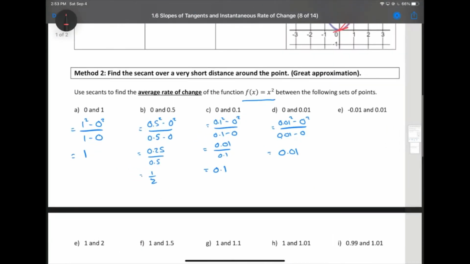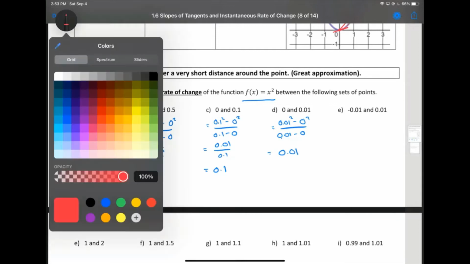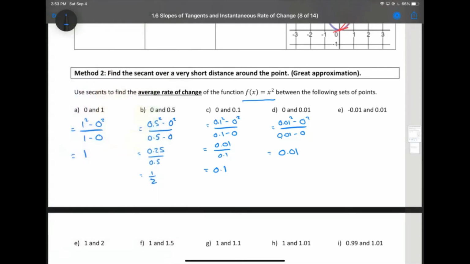Now, an even better way to do it is instead of going between the point you're looking at, in this case 0, and a number a little bit above it, you can actually go between a number a little wee bit below 0 and a little wee bit above 0. So this one is actually going to be 0.01 squared minus negative 0.01 squared over 0.01 minus negative 0.01.